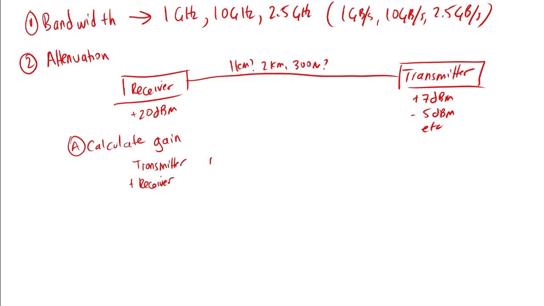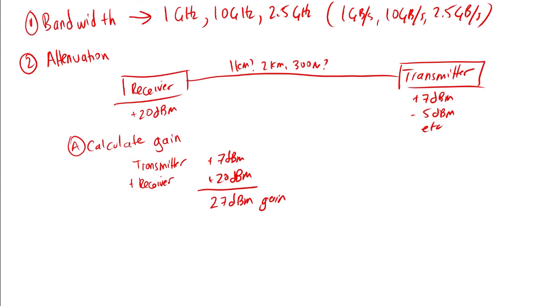So maybe plus 7 dBm plus 20 dBm. So we have 27 dBm gain on our system, which is pretty good. I mean, if you use an LED instead of a laser, you may not have the same gain. You may have 10, you may have 5, whatever.